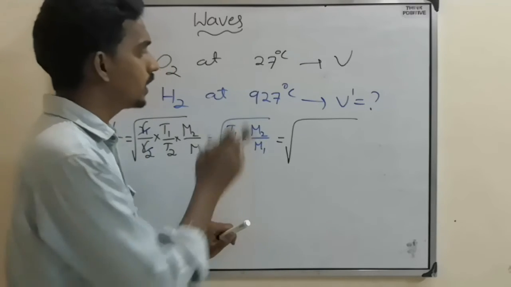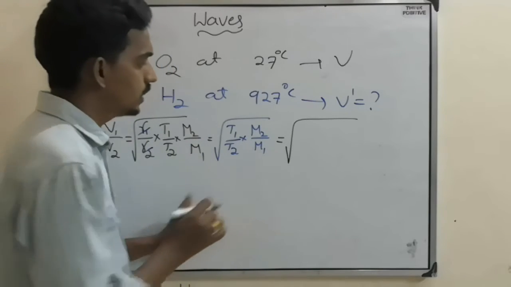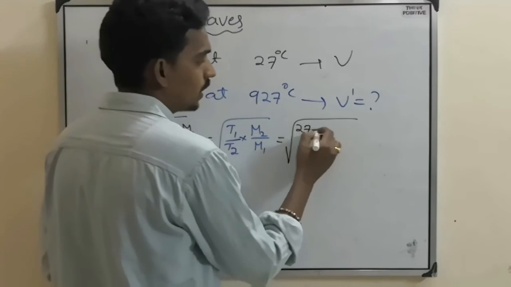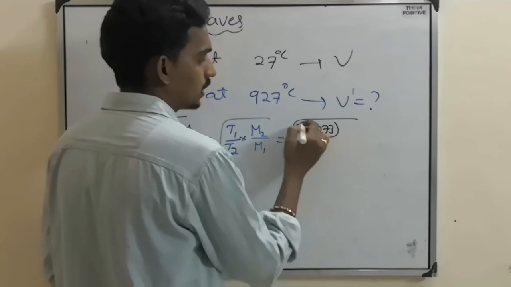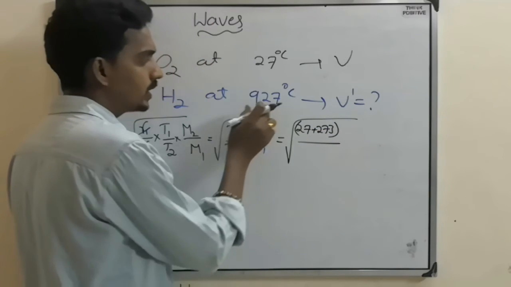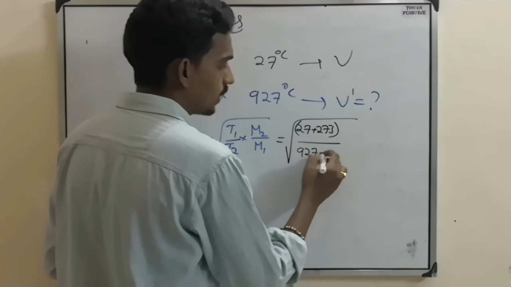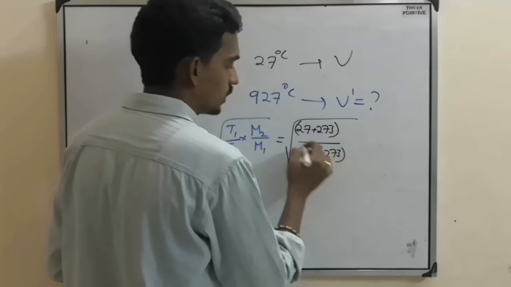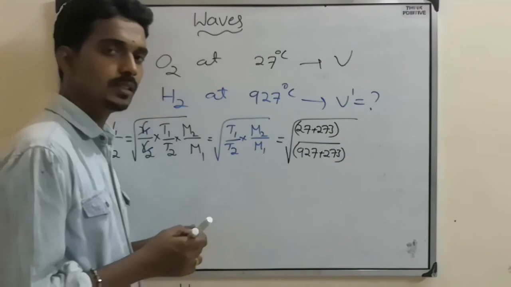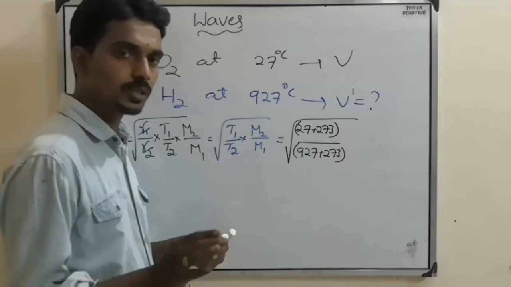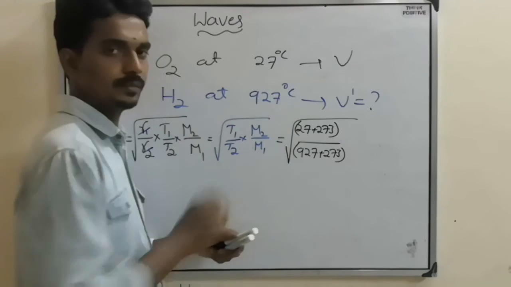You should substitute in Kelvin. That's why 27 plus 273. Then T2 is how much? 927, so 927 plus 273. Always take care to substitute in Kelvin.